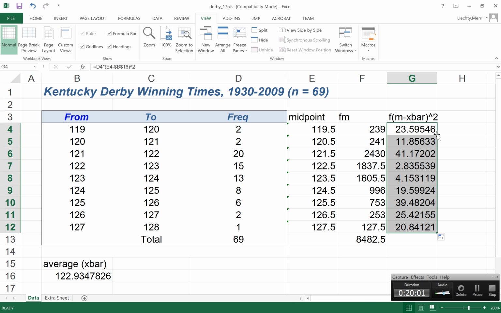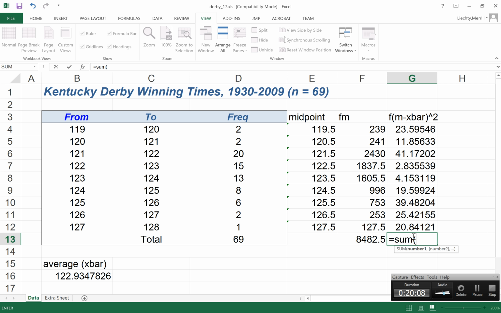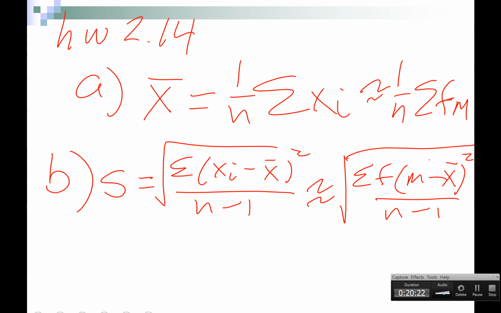Okay, so here's all of our values, and so now I want to take the sum of those. And that gives me the summation of f times m minus x bar squared. So that gives me this part right here.